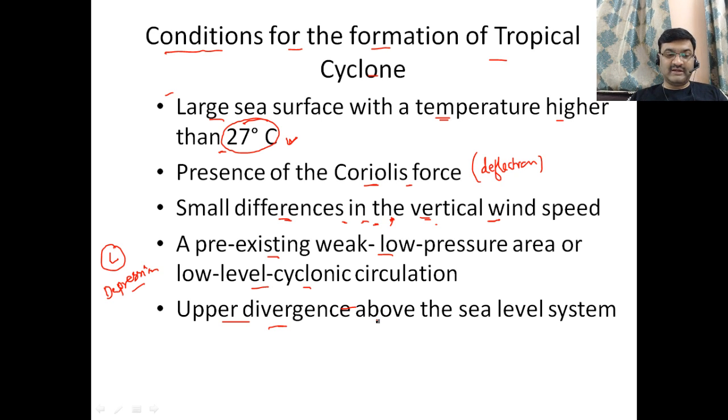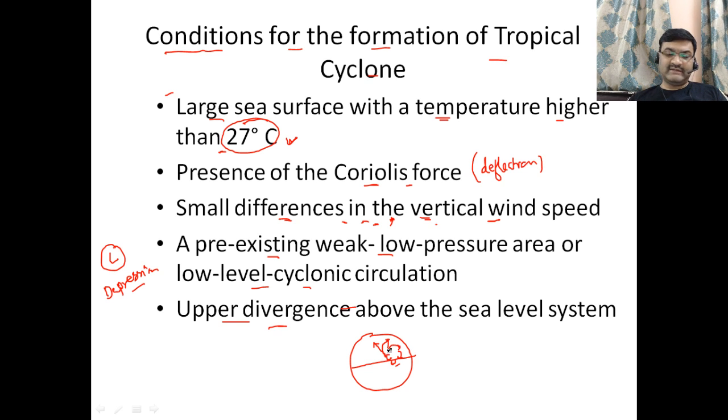I am saying here, what will the Coriolis force do? The Coriolis force is going to deflect the wind. See, this is the earth, and if this is a wind, according to Ferrel's law, because of the Coriolis force it is going to get deflected to the right. If it is continuously deflecting to the right, what will happen?